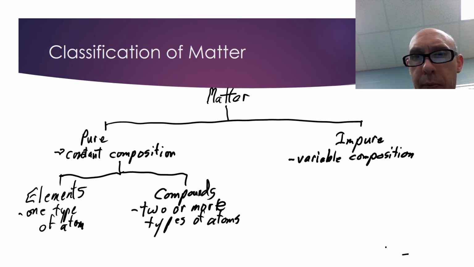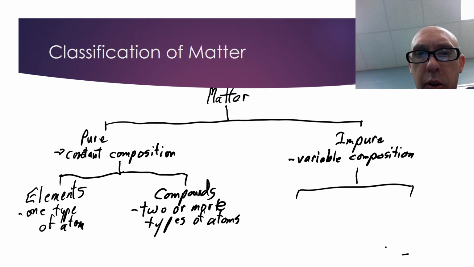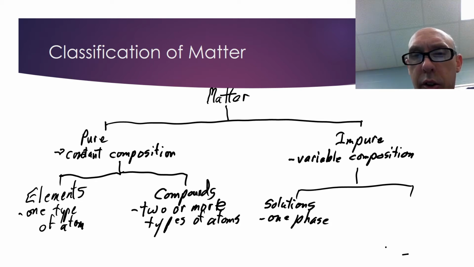In the impure, we also have two divisions. Depending on who taught you this last year, it's going to be solutions. Solutions are also known as homogeneous mixtures, and solutions mean one phase, meaning that when I look at it, no matter where I look, it all looks the same.